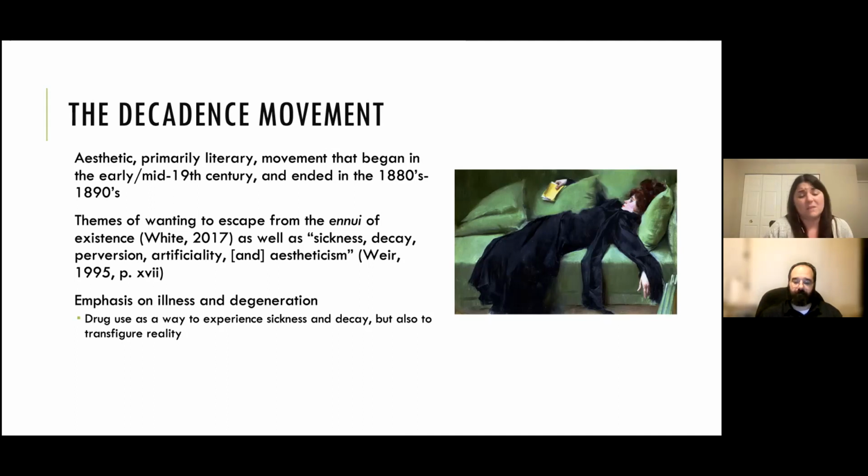They really seem to enjoy writing about morbid things like illness, illness of self, illness of others. And for decadence, this preoccupation with sickness and decay went beyond just writing about them, but really desiring them. And one way to capture experiences of sickness and decay, or to transform one's reality, is through using drugs.